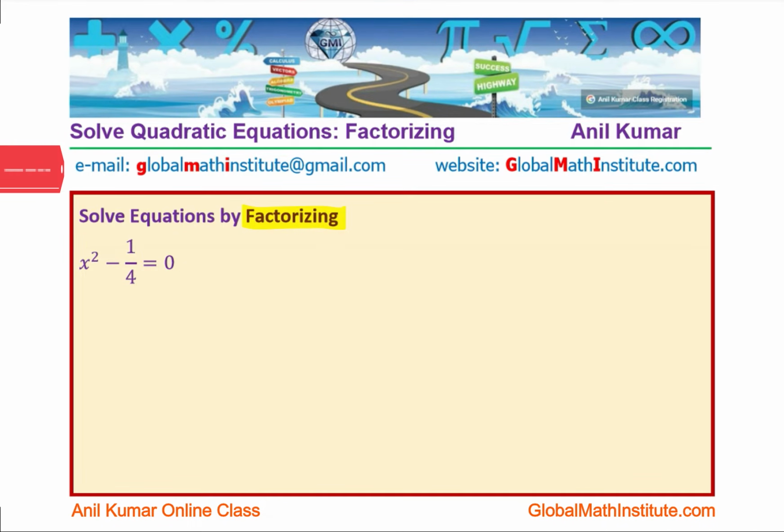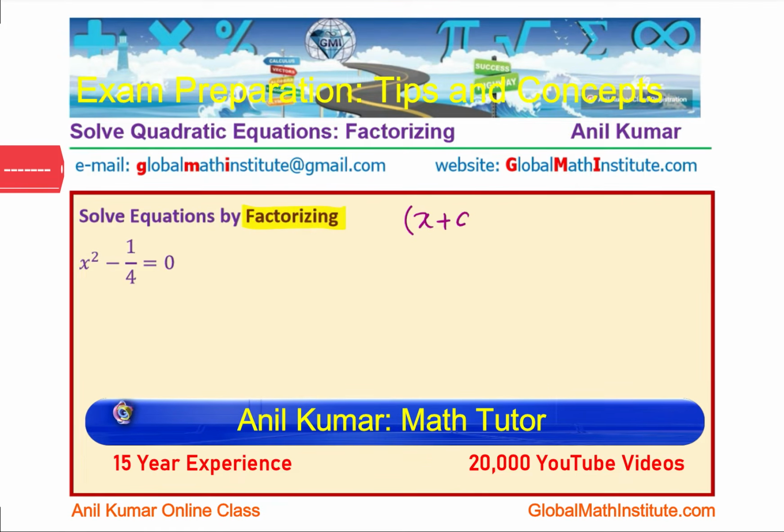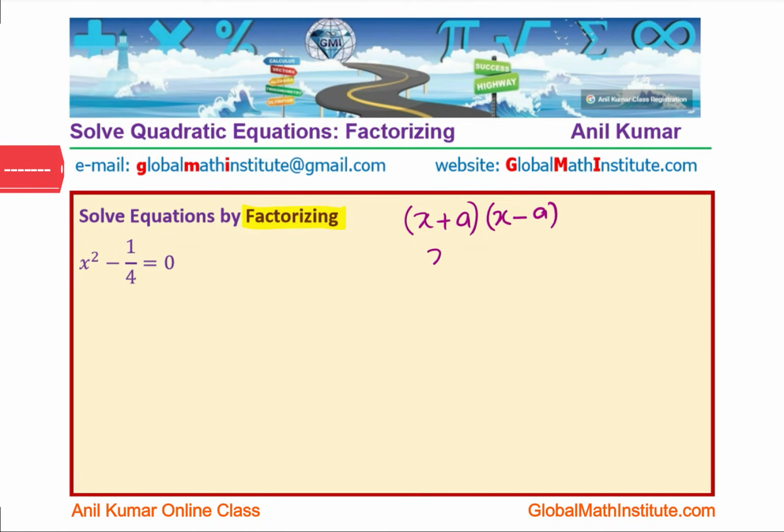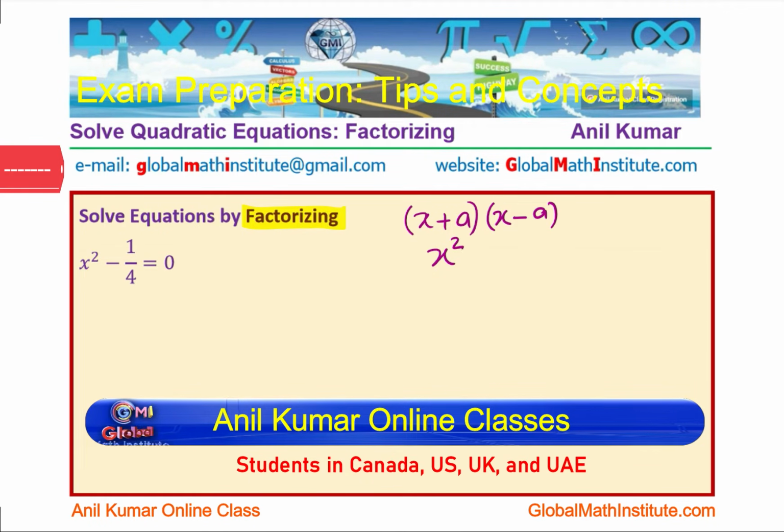Now let me remind you that if you have something like x plus a times x minus a, then what do you get? Well, when you expand this, multiplying with x, distributing with x, you get x squared minus ax.